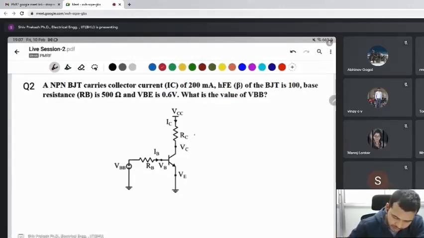RB is given 500 ohm, VBE is given 0.6 volt, and IC current is given 200 milliampere. Beta is 100.